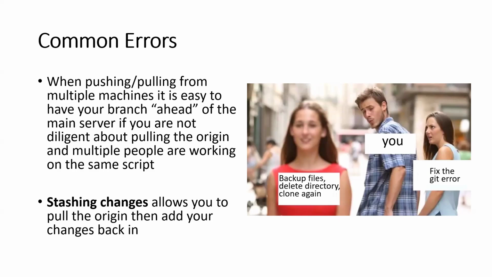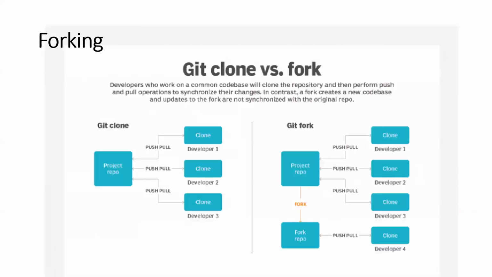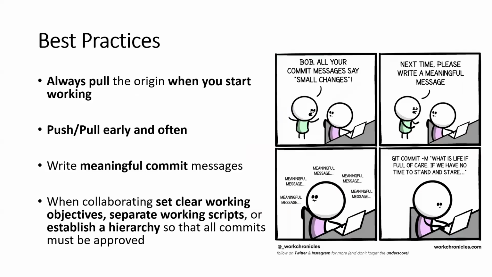However, one of the easiest ways to completely fix this, if you have files that you've changed but you're behind in the branch, is to take all of your files out, clone the repository again, and then put your files back in, and now you're back ahead, if that makes sense. But I wouldn't recommend it. Instead, what I would recommend are these best practices.